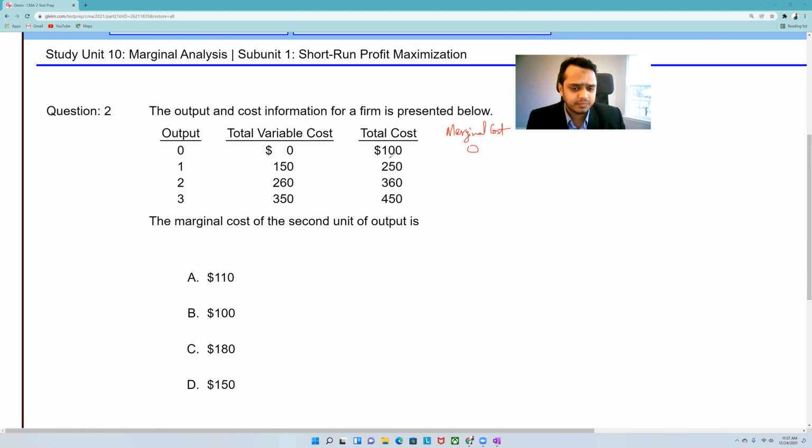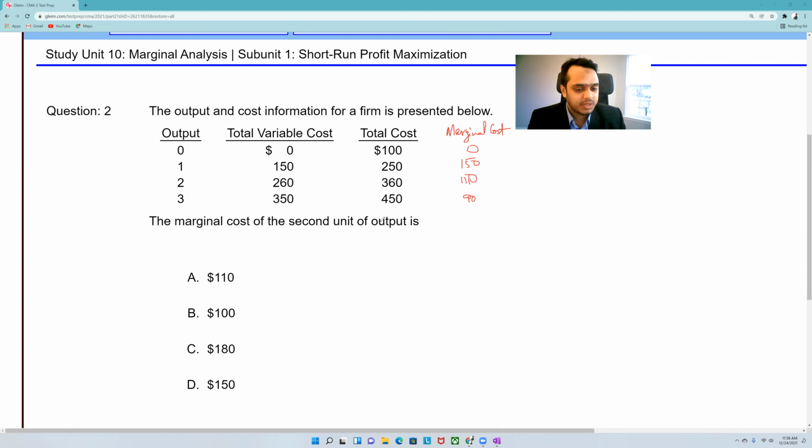Then what is the difference between 100 and 250? 150. Then 250 and 360, the difference is 110. 360 and 450, the difference is 90.